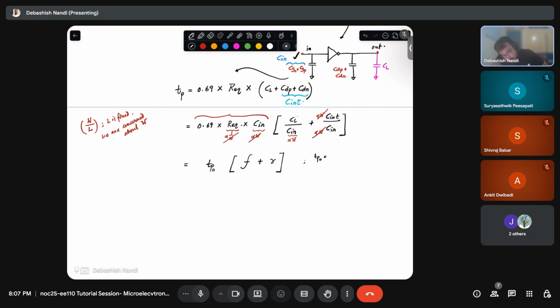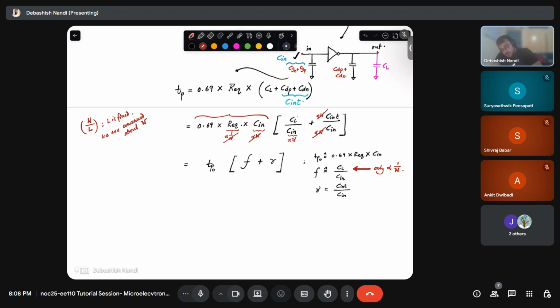TP0 is 0.69 times R equivalent times C in. F is defined as CL by C in, and gamma is C internal by C in. So only this has W dependency, inversely proportional to W.